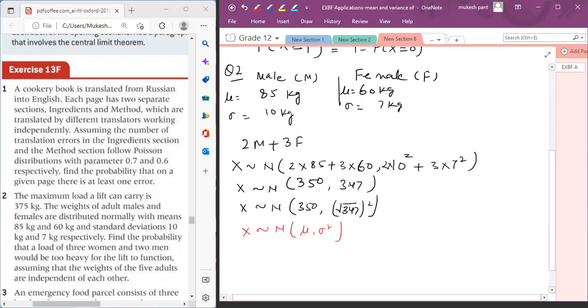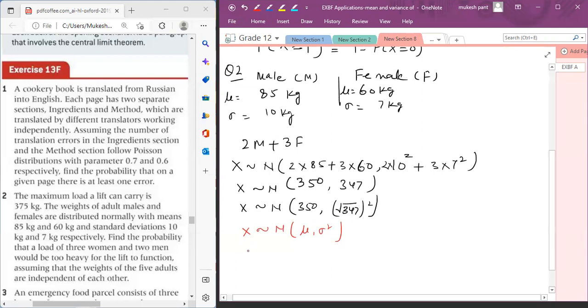So sigma squared equals 347, so sigma equals the square root of 347. Mu means 350 and sigma is the square root of 347. This we will input in our GDC. So this is the new distribution.